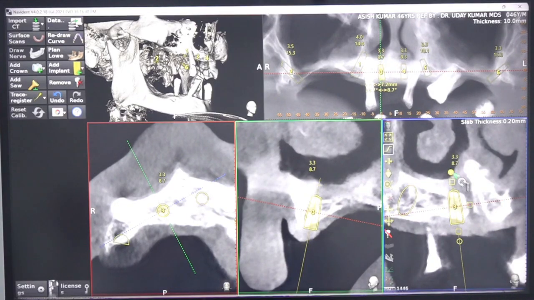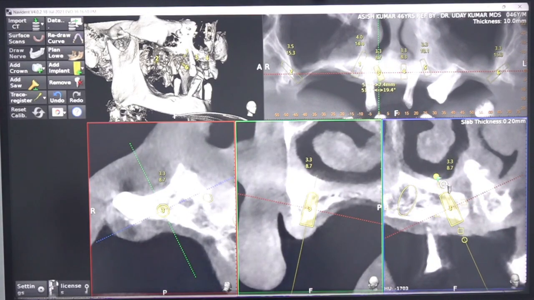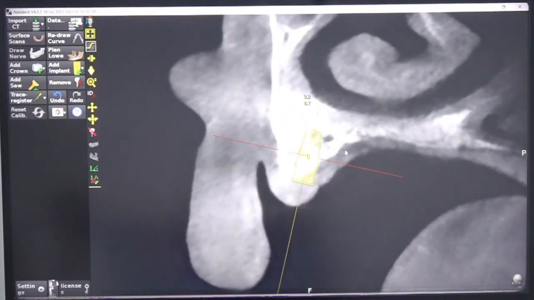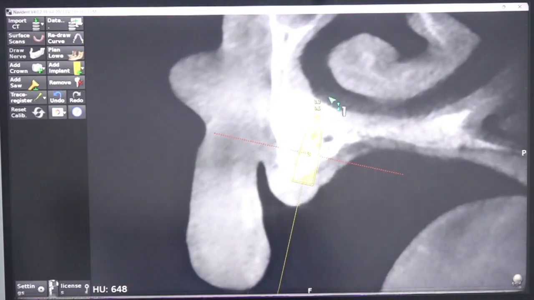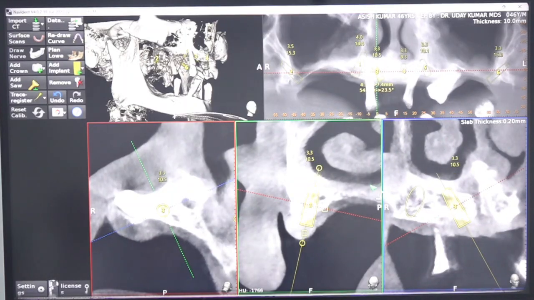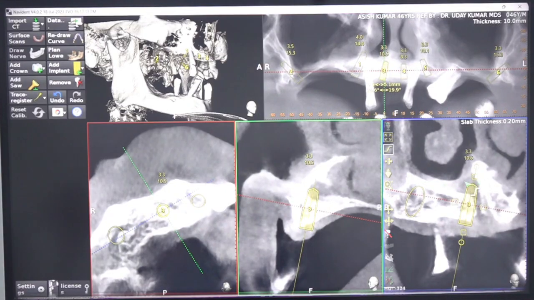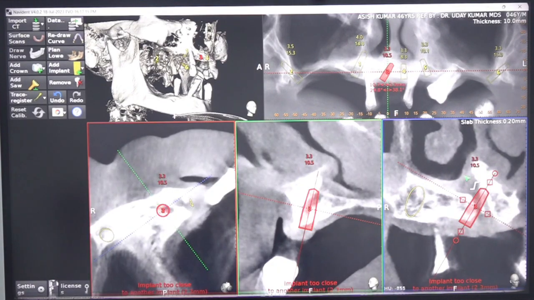Just we will try some tilting here to get some length. Okay, so if you tilt slightly distally, you will get a 10 implant. So that is one more trick we can employ, but I will prefer a straight one only, or you can tilt medially also, but here tilting medially doesn't have a major effect.